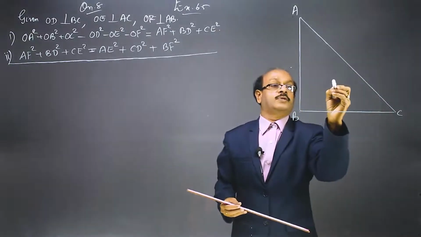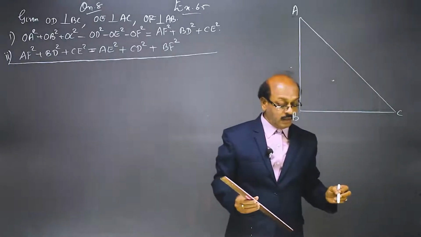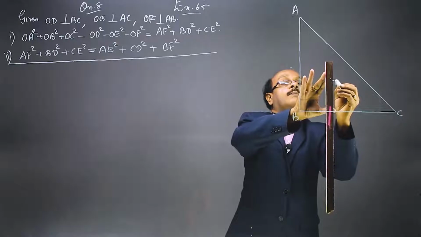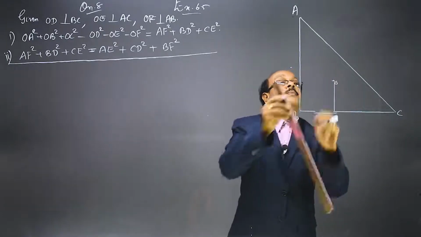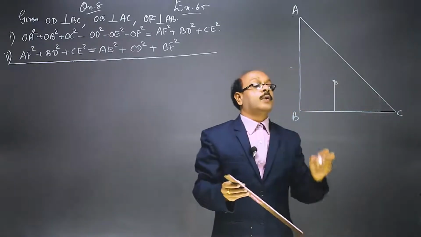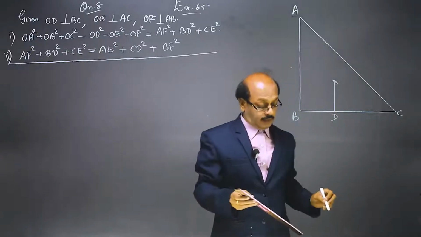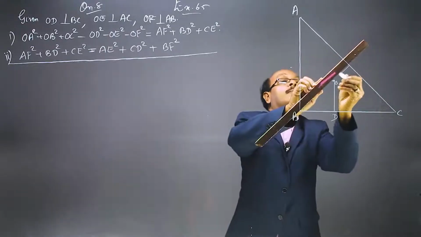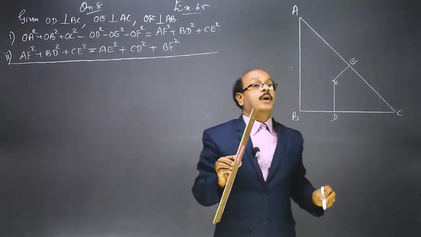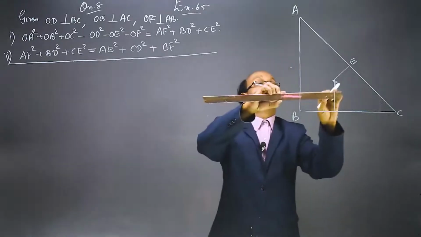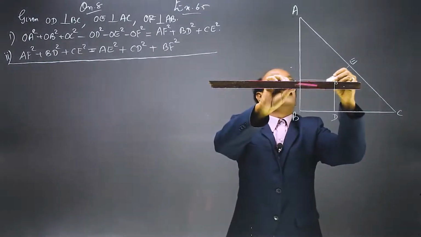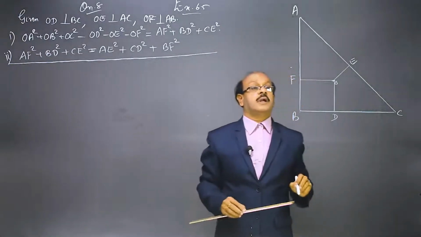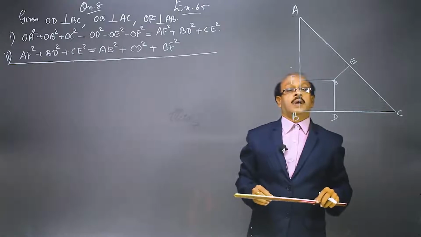Let this be the point O. We are drawing OD perpendicular to BC, OE perpendicular to AC, and OF perpendicular to AB. Now we have to make some additional constructions, that is, join OA, OB and OC.